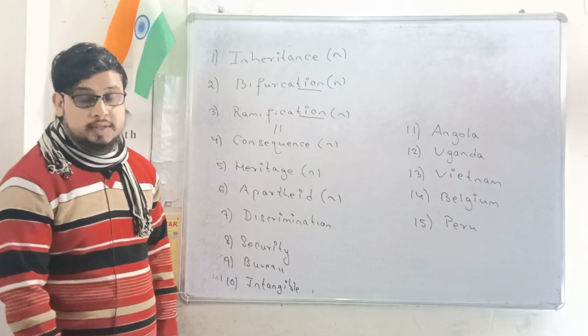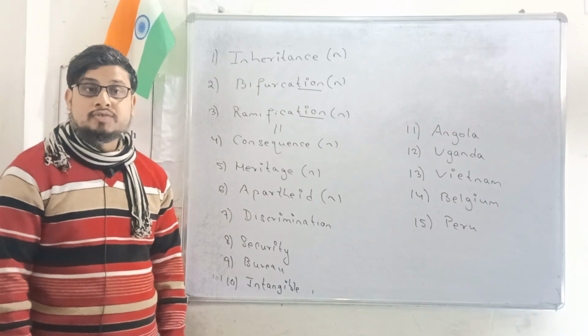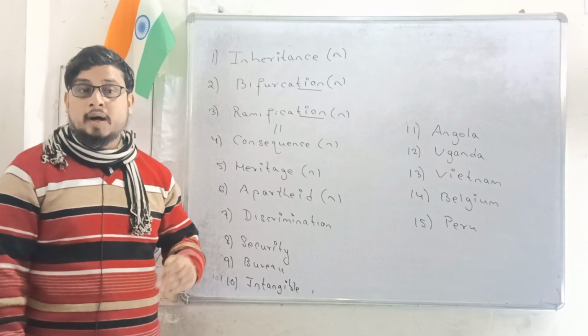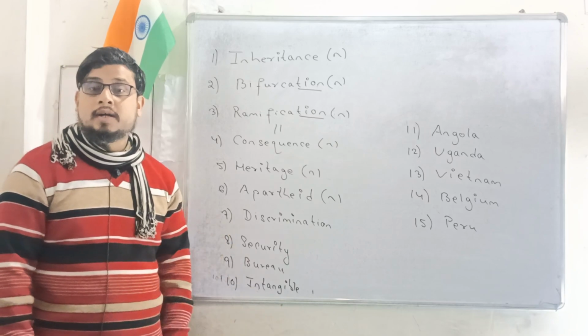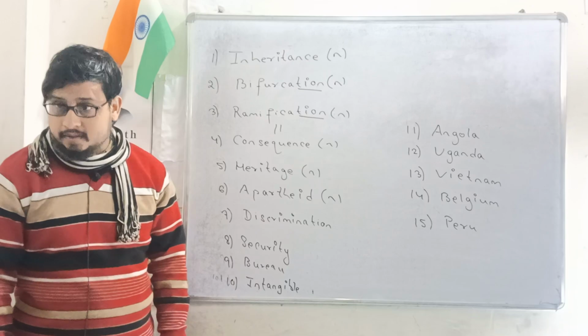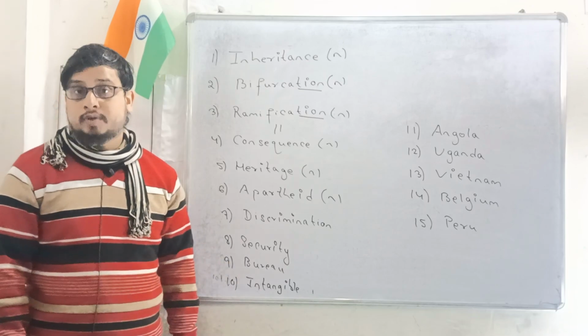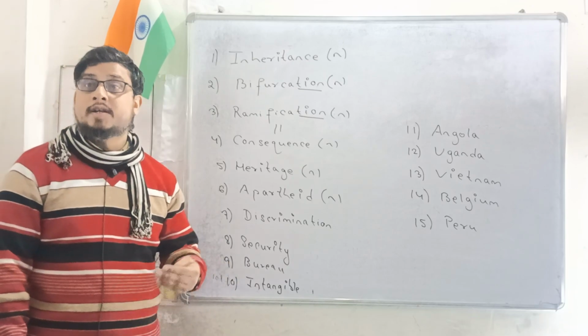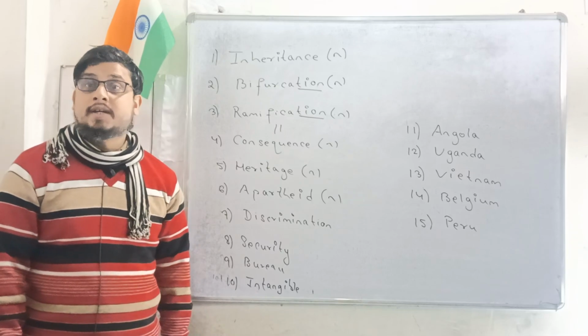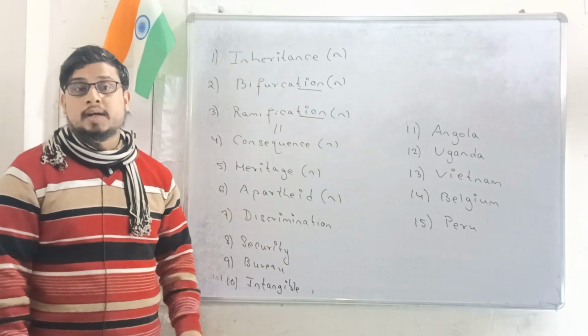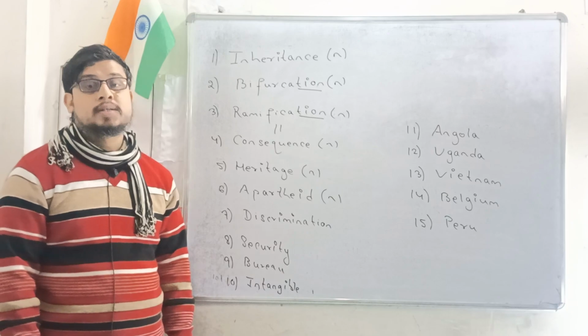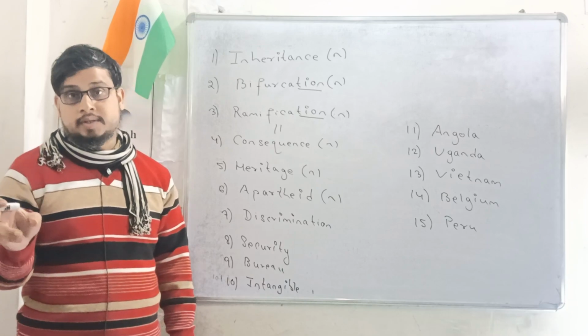Discrimination. What is the meaning of discrimination? Discrimination means treating anyone different from others. Discrimination can be nepotism. Discrimination can be favoritism also. If a teacher teaches one student in a special way, that means the teacher is discriminating against others.